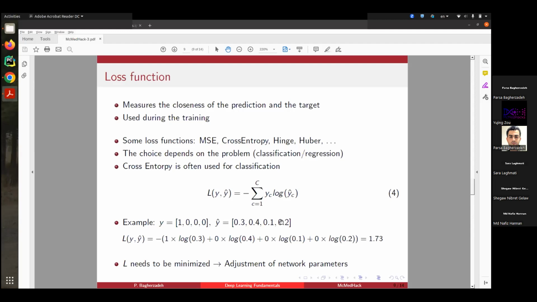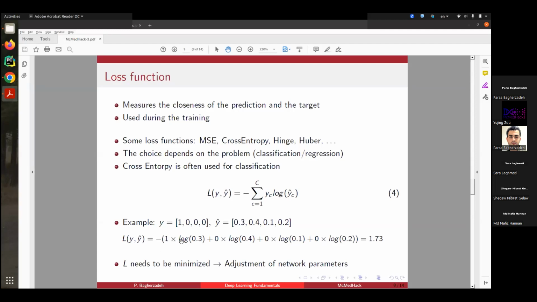The model is not very wrong because it is almost sure that it is class 1, but it fails to make the correct prediction. So we need to measure how much the model is making a mistake. So the corresponding value YC, the first element here, is multiplied by the log of the first element here.